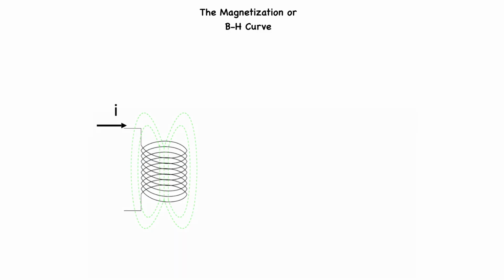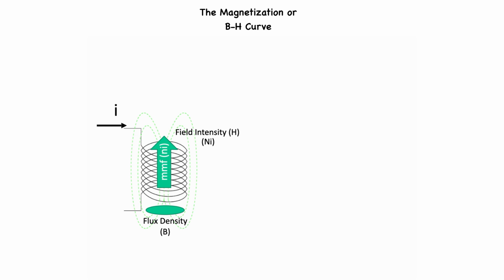Looking back at a coil of wire in air or a vacuum with current flowing in it, the current produces an MMF or a field intensity that is directly proportional to the current, which produces a magnetic field which, measured over an area, is known as magnetic flux density.